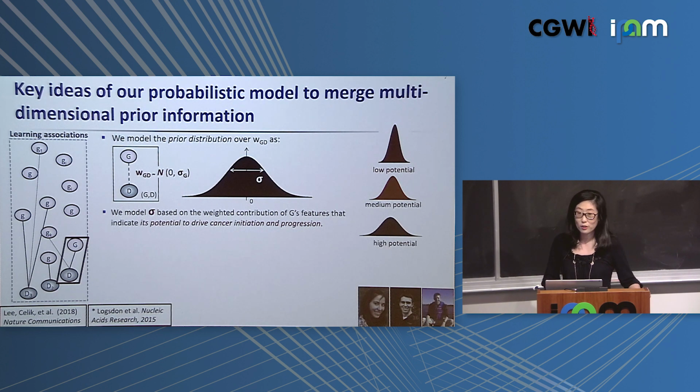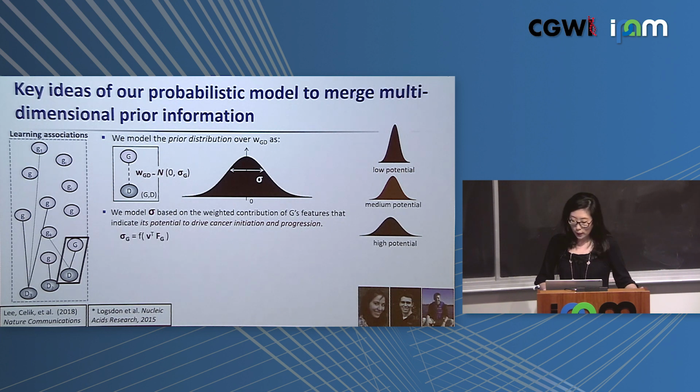So instead, we want to learn these sigma values from data based on various properties of individual genes, in terms of how much potential each has to drive disease progression. Genes that are high-level decision makers or regulators in the disease are more likely to be good indicators for whether a certain therapy is going to work or not.